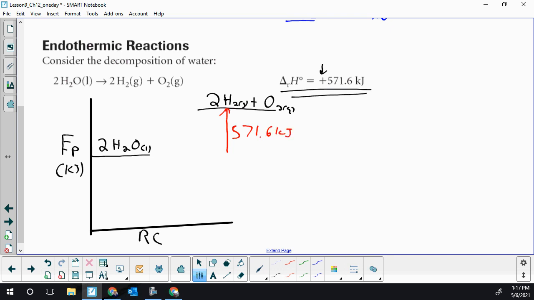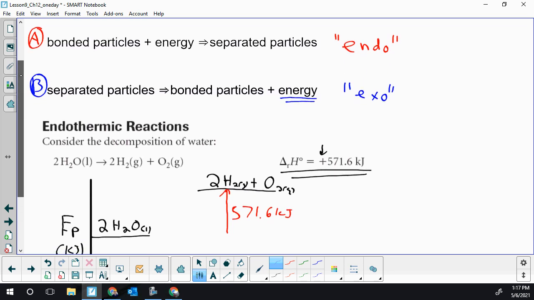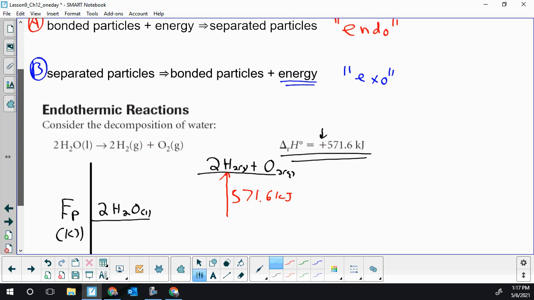So now let's add in the bond breaking and bond forming, connecting the beginning and end, or reactants and products. First, we're going to have bond breaking. We've got to take the bonds in water and break them up.